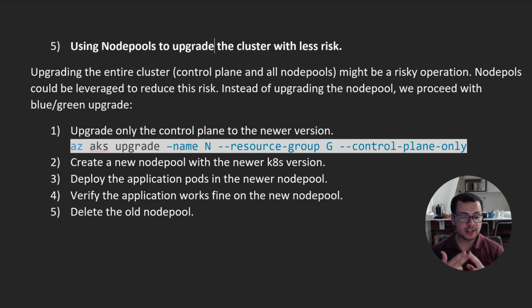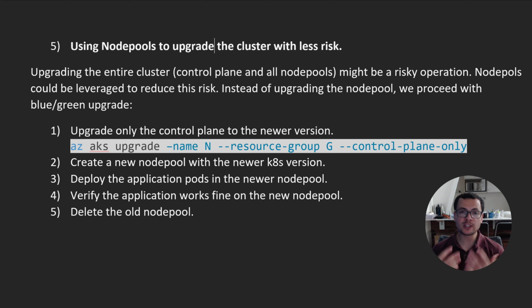Step number 3 is to deploy your application pods into the newer node pool. Then you verify that the application works fine on the new node pool, and if all is fine, then at the end, step number 5 is to delete the old node pool.